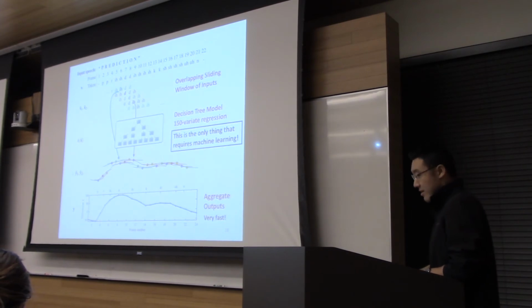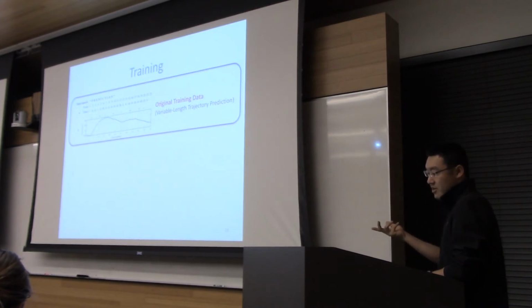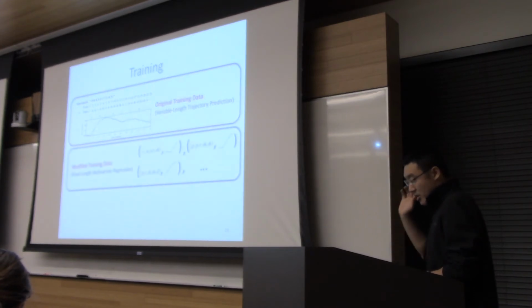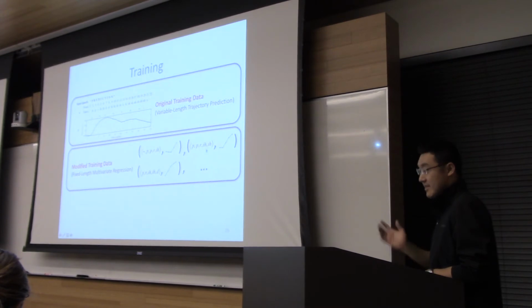So what that means is, we have the original training data, variable length trajectory prediction. We chop it up into this modified training set, where we have fixed length inputs of length 5 in this particular example, and then fixed length outputs. And this is what we fit with a decision tree, random forest, or a neural net.